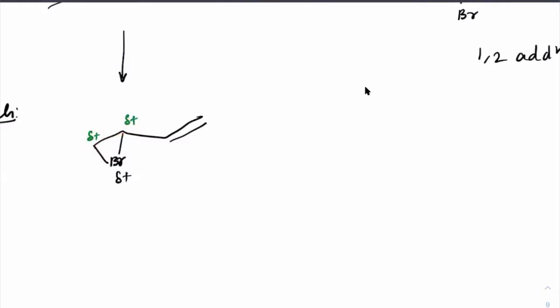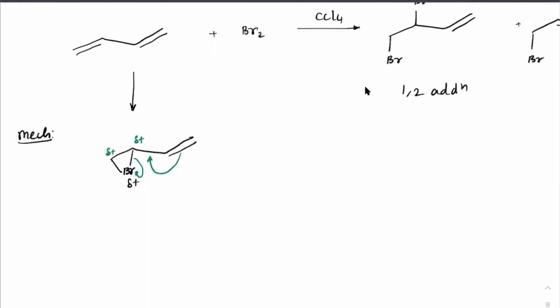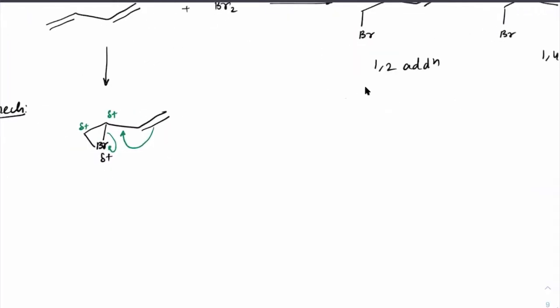And when you have a non-classical carbocation, especially with a double bond at the adjacent carbon, that double bond can make resonance with this carbon and relieve this Br. Got it? So from there, it can go towards another stable carbocation formation, which is Br here with the double bond with plus charge. This can form.